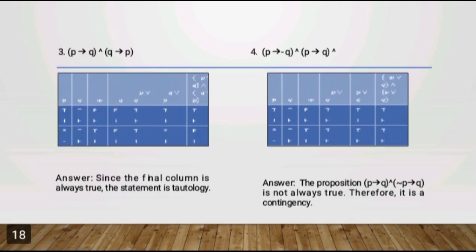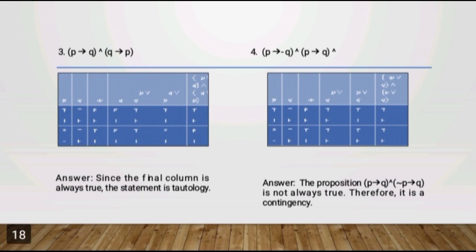Number 3. Open parenthesis P implies Q close parenthesis conjunction open parenthesis Q implies P close parenthesis. P: true, true, false, false. Q: true, false, true, false.